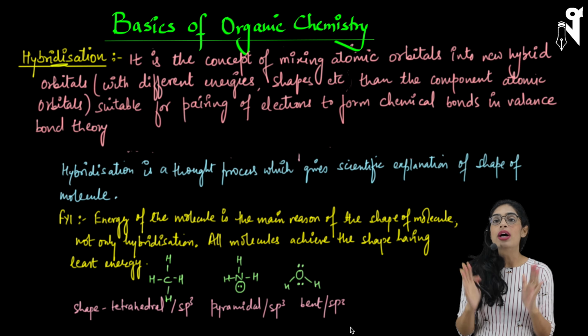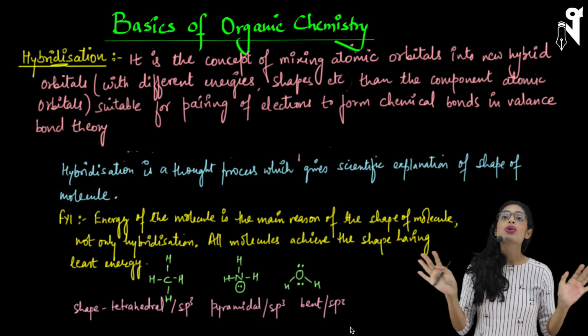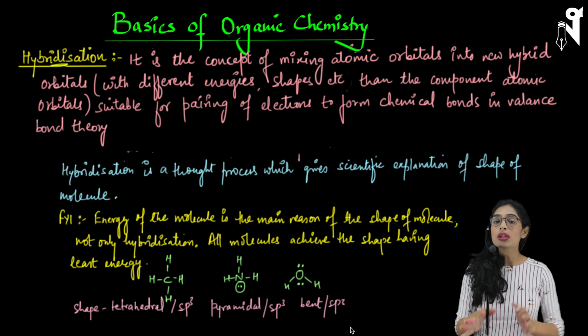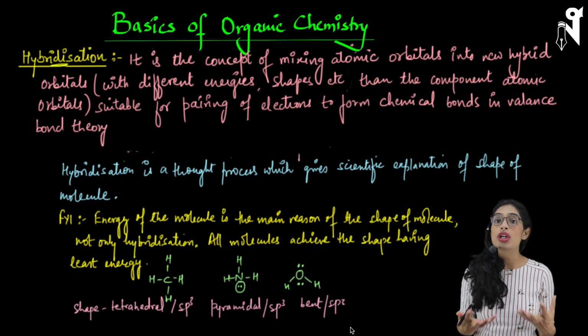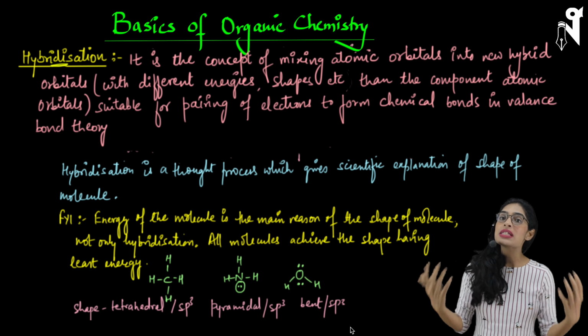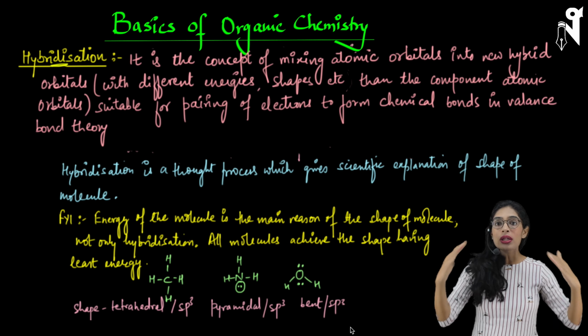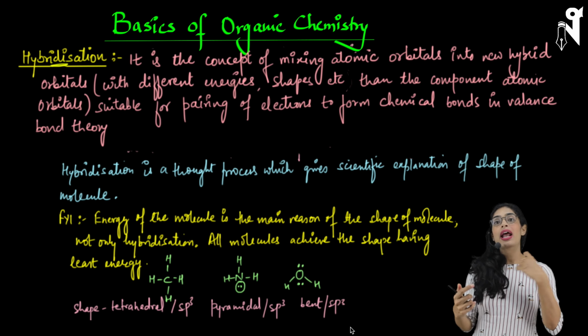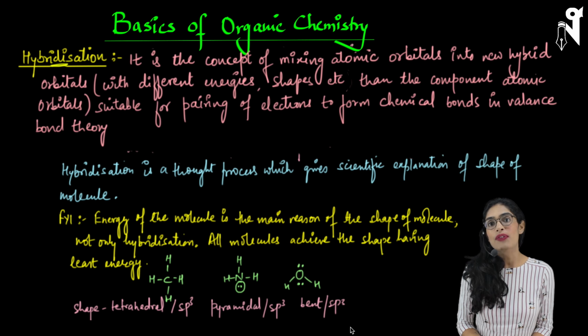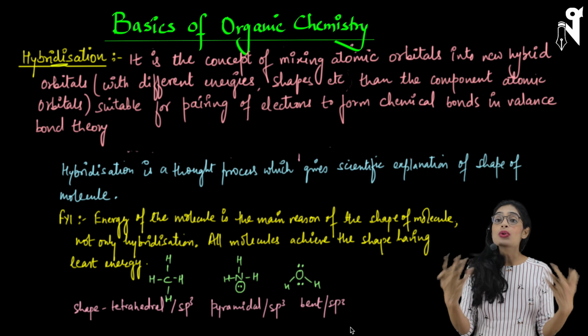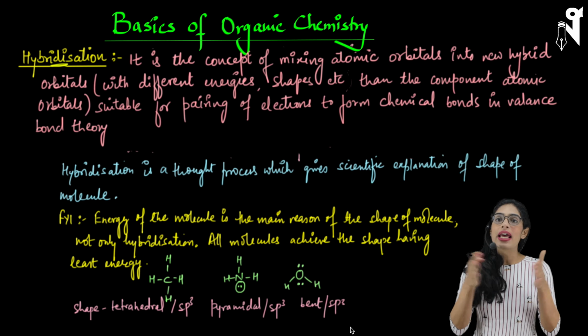First of all, you have to understand something. All the molecules around us have different shapes, and they try to attain the shape which gives them the maximum stability. So all the molecules will arrange their atoms in such a way that they can be in the most stable form, and most stable means they should have the least energy.